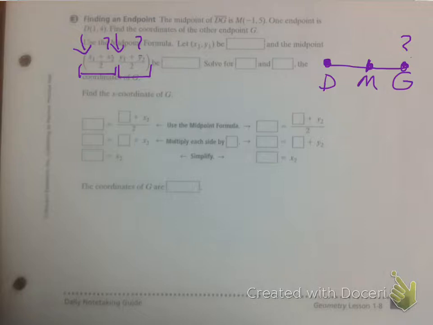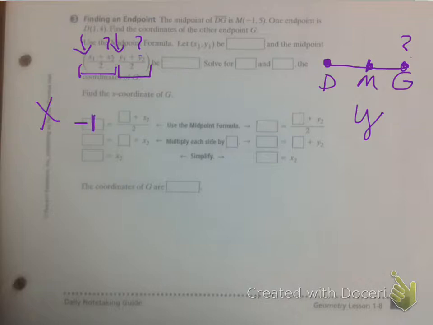Okay, well, let's have a look. We're going to take our midpoint formula and we're going to focus on one coordinate at a time. Over here, I'm going to focus on the x coordinate, and over here, I'm going to focus on the y. Do this on your homework. We actually know the x coordinate of our midpoint. It's right here. It's -1. So I'm going to put -1 here.